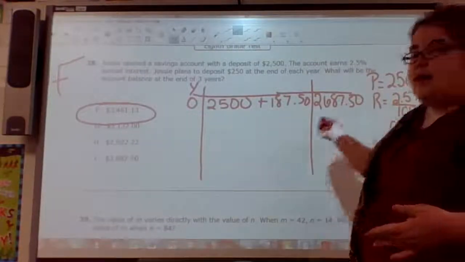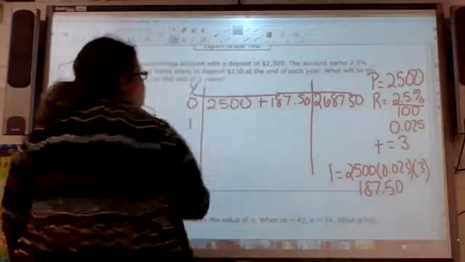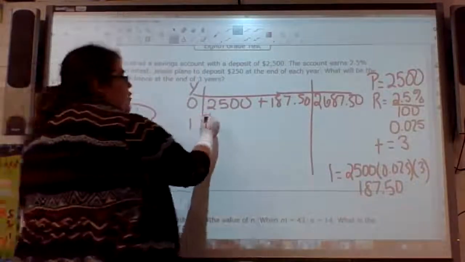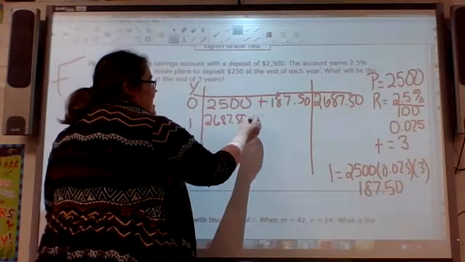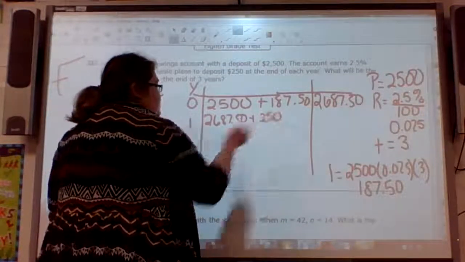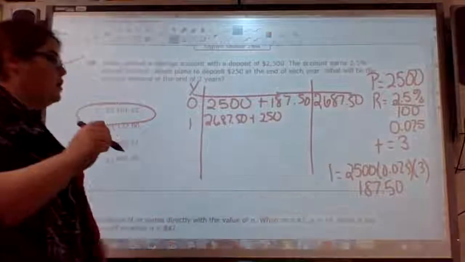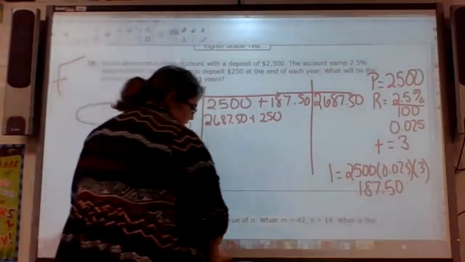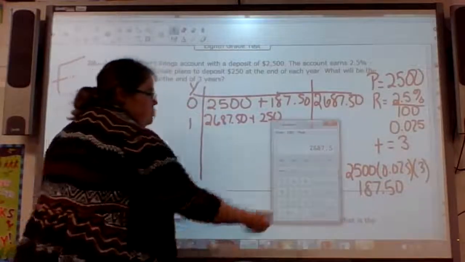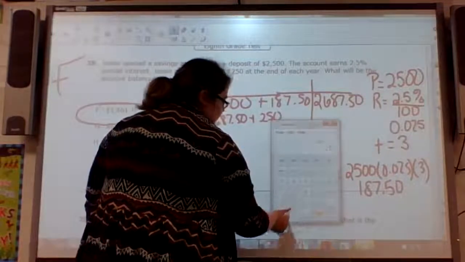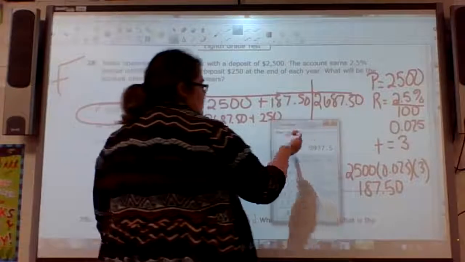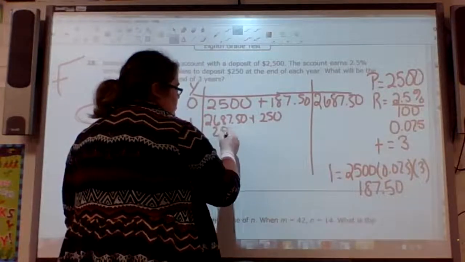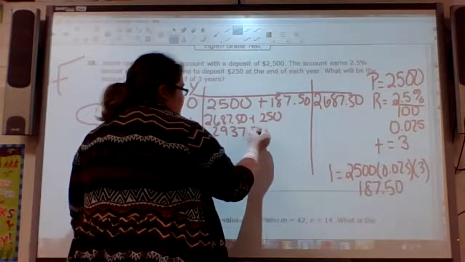Now he says on the next year he's going to deposit $250. So I'm going to take this and I'm going to add $250. Because that's what's going to happen in the next year. So now, plus $250, I have $2,937.50.